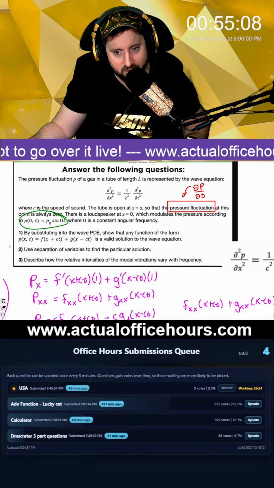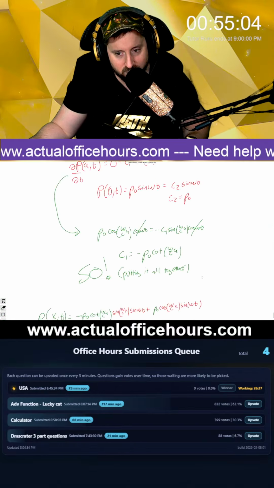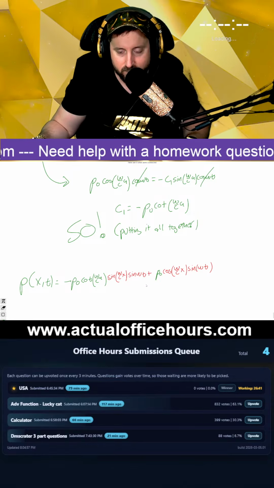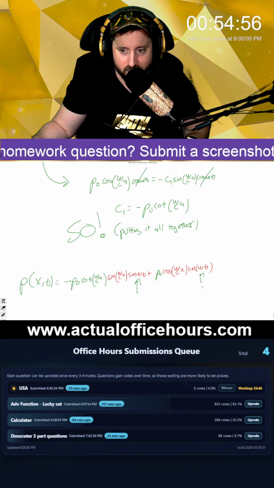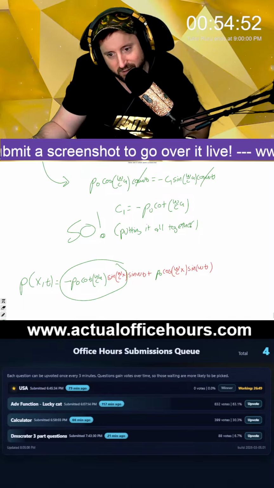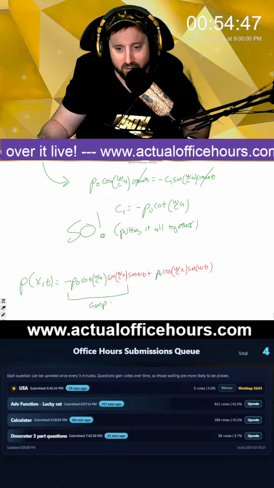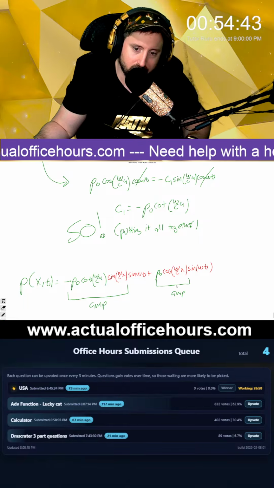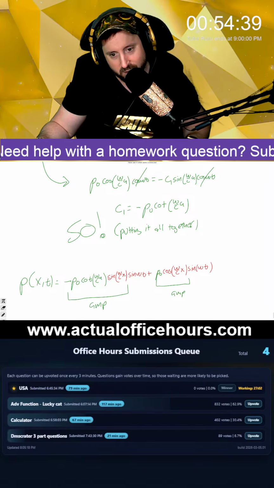Describe how the relative intensities of the modal vibrations may vary with frequency. Is that like the C1 and C2 stuff? I believe so. Yeah, I feel like this is the amplitude, I guess, right? Yeah, these are the amplitudes. Okay. I don't know what that really looks like, but I guess it functions.